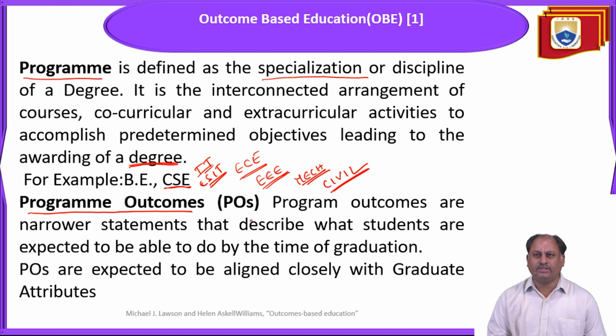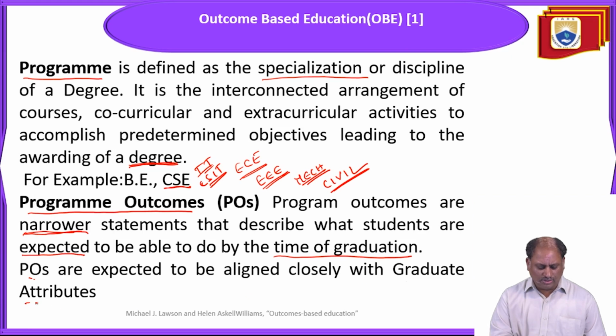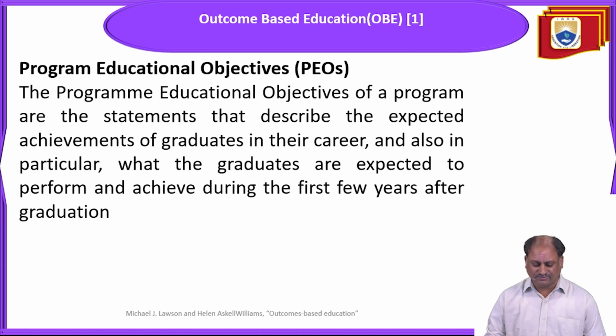Program outcomes are narrow statements that describe what students are expected to do by the time of graduation. That means when he joins the program, it is to be completed by the time of graduation. These statements are closely linked with graduate attributes.